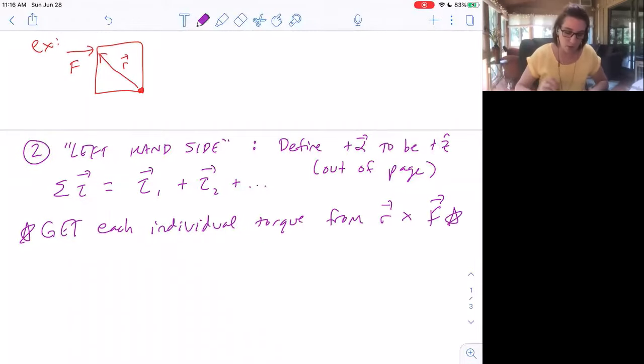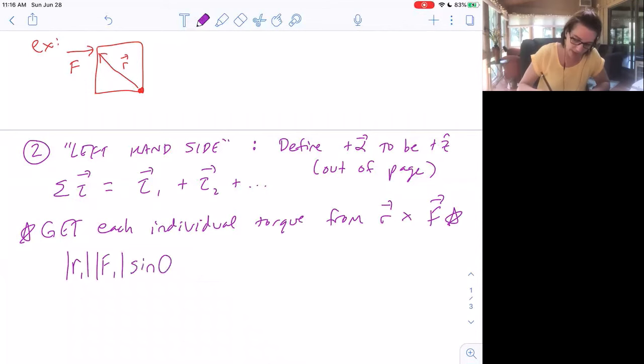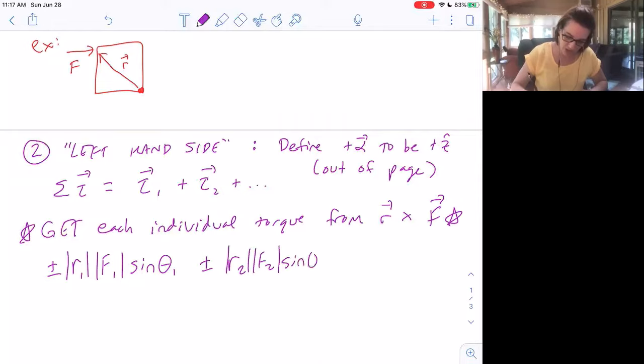So what I would do then is I would have basically R1, F1, sine theta 1, the angle between R1 and F1, and that might end up being plus or minus depending on if it's into the page or out of the page with the right-hand rule, and then plus or minus R2, F2, sine theta 2, plus or minus however many I have. So that's going to be the sort of thing I write down in this step.